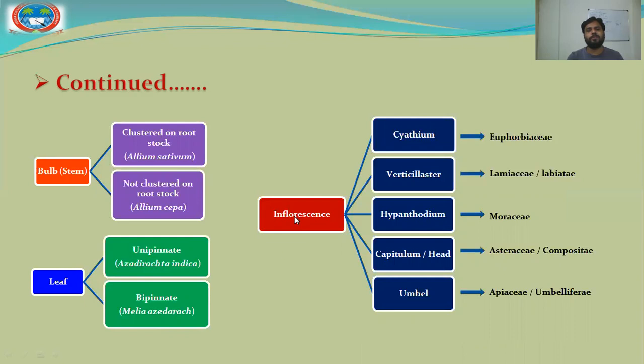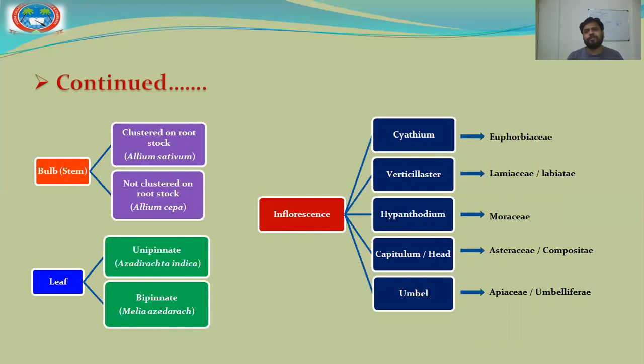In the same way, the inflorescence characteristics are also responsible for identification and classification. There are certain types of inflorescence on the basis of which there are certain families. Certain families have particular or peculiar characteristics regarding the inflorescence.